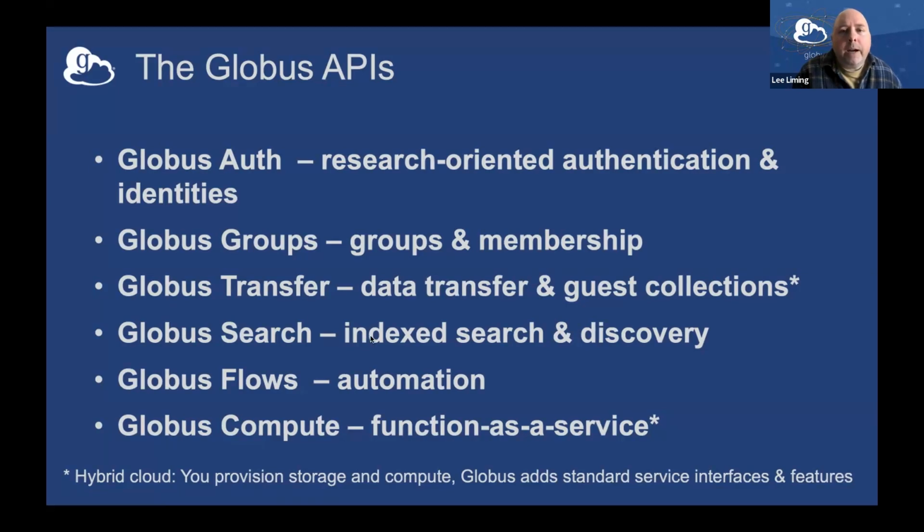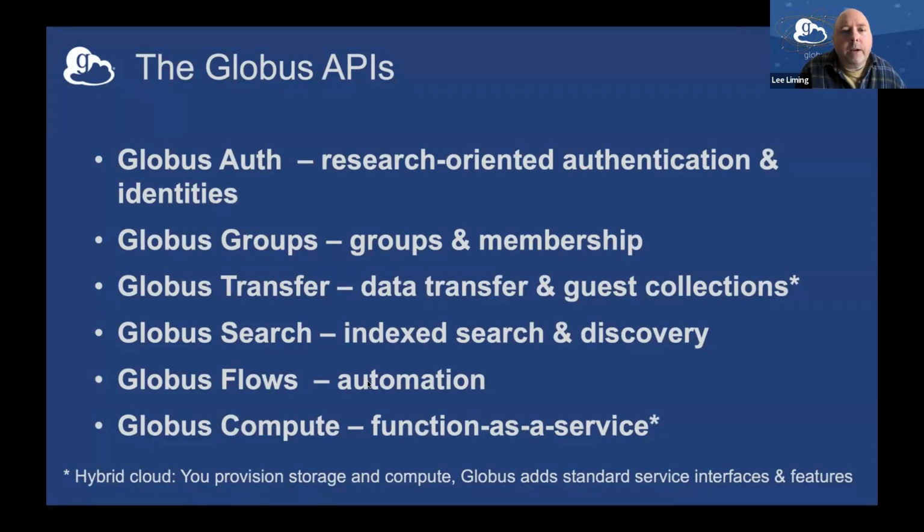The search API is what I was telling you about earlier, index, search, and discovery. So with the search API, you can create search indices for your applications. You can set the permissions on those indices. You can add entries to the indices, and you can query the contents of an index to find all the entries that match particular search criteria.